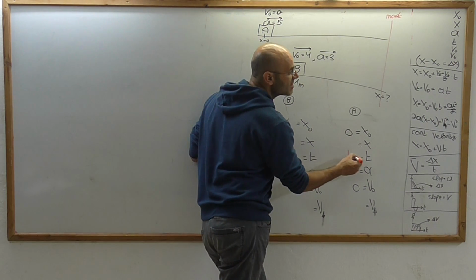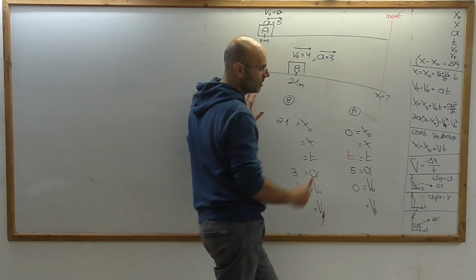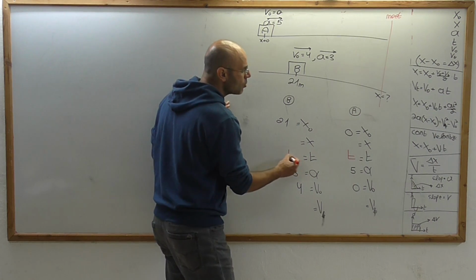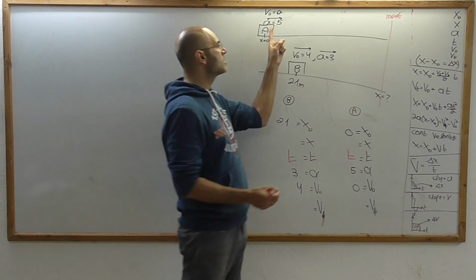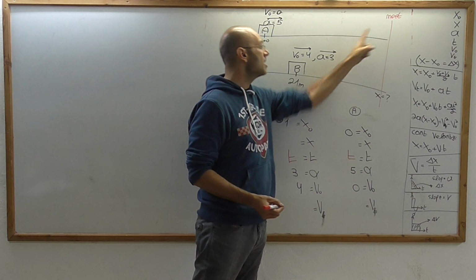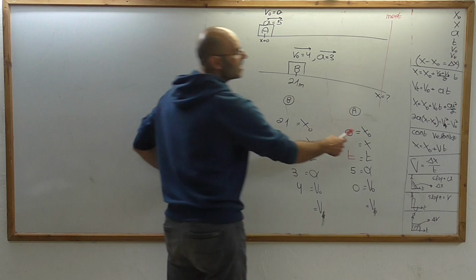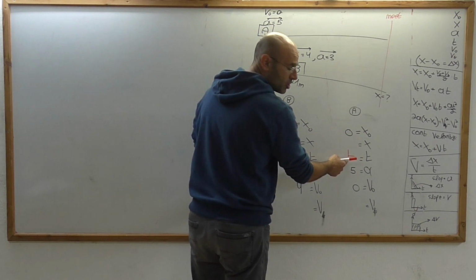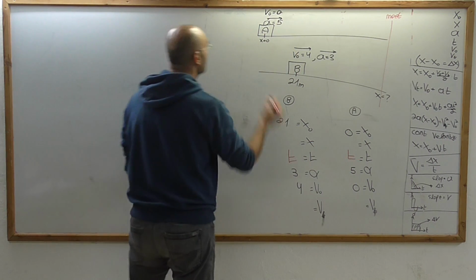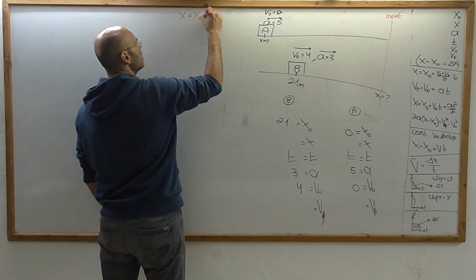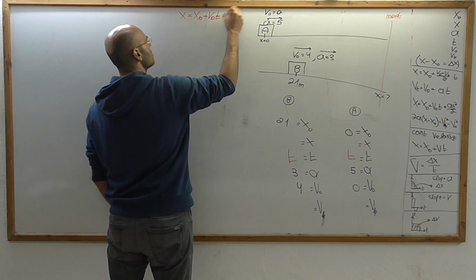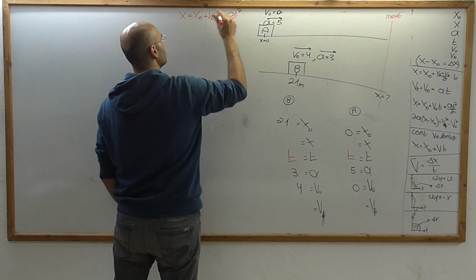We define time as t. So time here will also be t. Why? Because the time it takes to come from here to there is exactly the same as from here to here. Now let's find x as a function of t for each car. We'll use the equation x = x0 + v0 t + a t squared divided by 2.